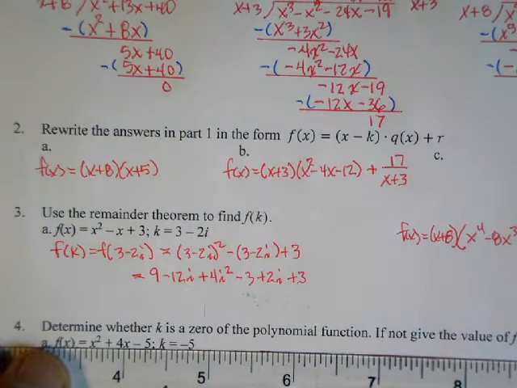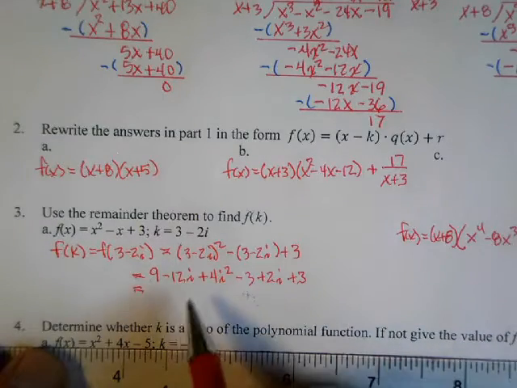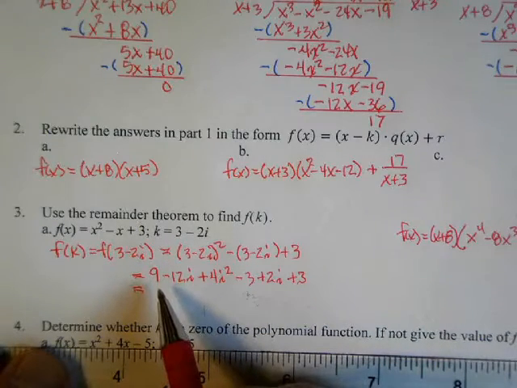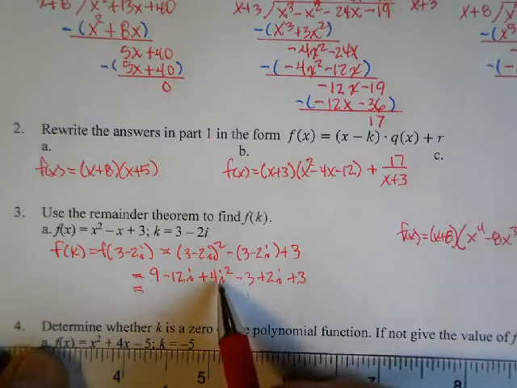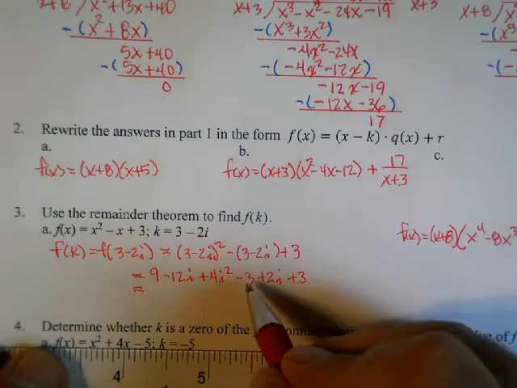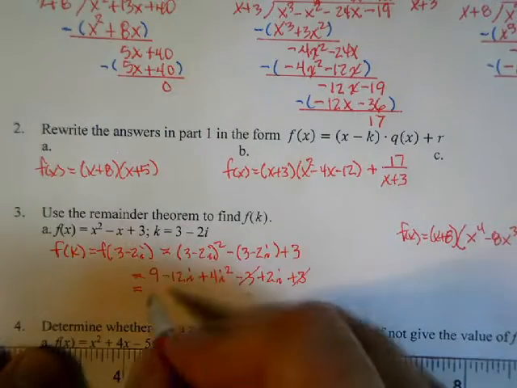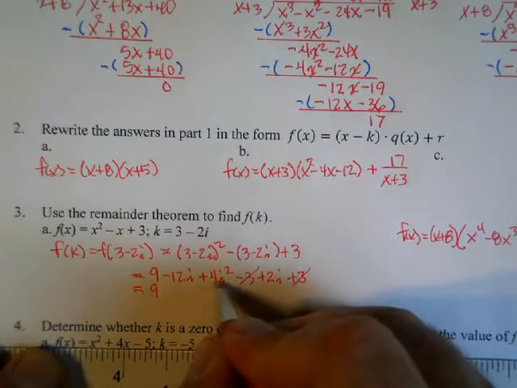Let's see. So remember that i squared is negative 1. So really, these guys are gone. Minus 3 plus 3. But we still have our 9. The 4i squared will become minus 4 because i squared is negative 1.